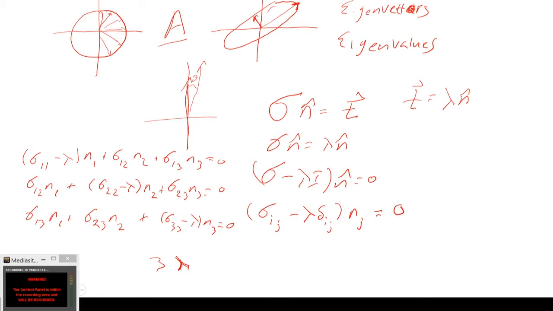Because stress is a symmetric and positive definite tensor, we're guaranteed to have real eigenvalues, which is also very nice.